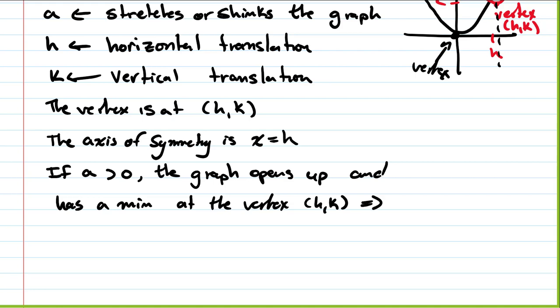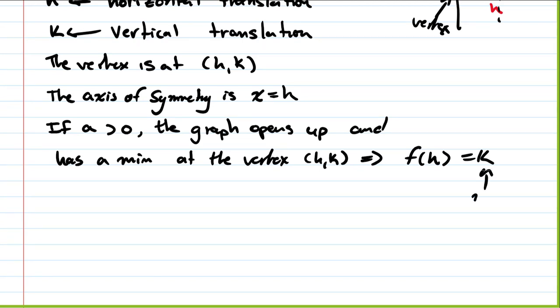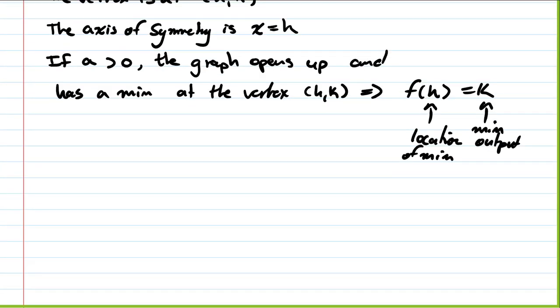So in terms of an ordered pair, it says f of h is equal to k. So k is going to be the min output, and h is the x location of the min. So when you input h, you get out k. Well, h is where the min is at, and k is the min.